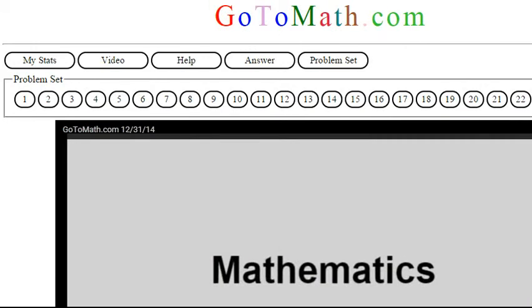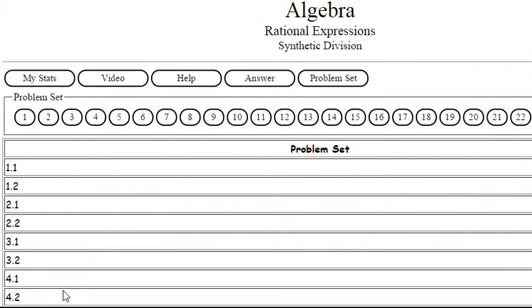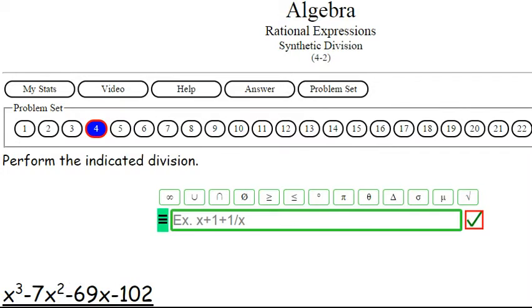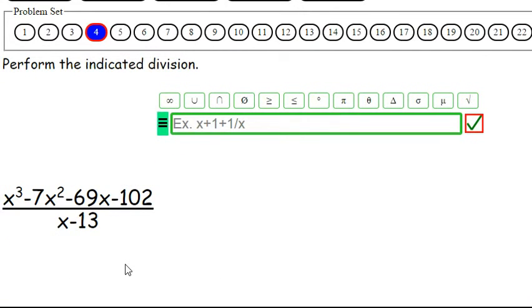Okay, we're over at gotomath.com. Click on algebra, go down to synthetic division. We're looking at 4.2. I believe that's what we're looking at. So we've got x cubed minus 7x squared minus 69x minus 102. It's all over x minus 13. Got it.